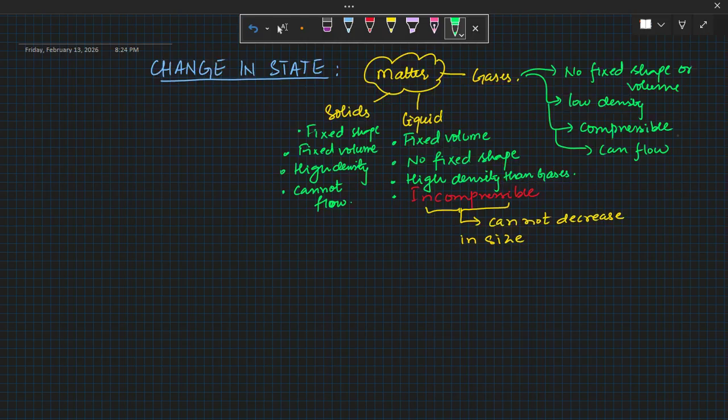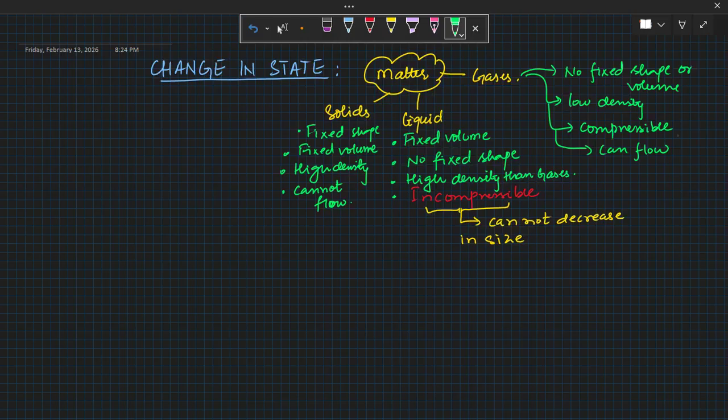Now, how does the state of matter change from one state to another? There is a process, and process means that no new substance forms.